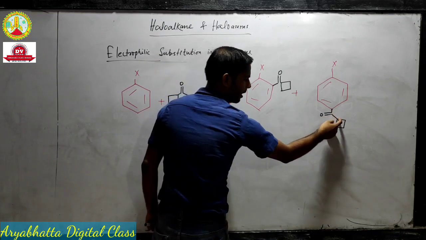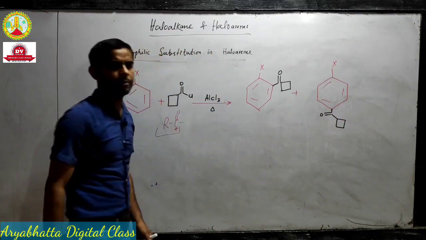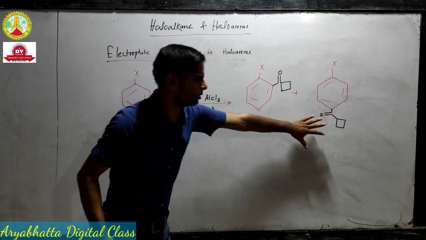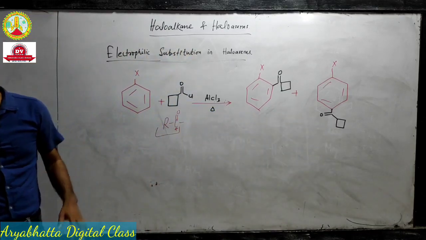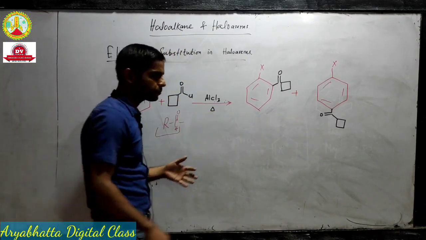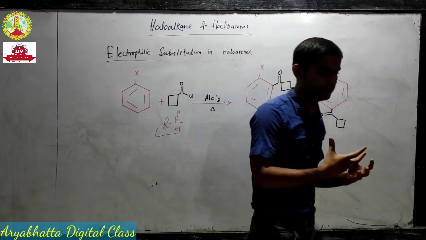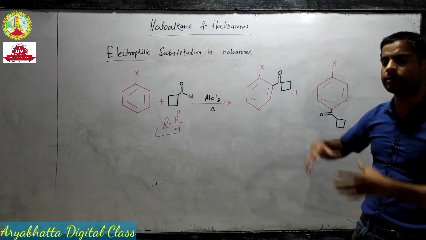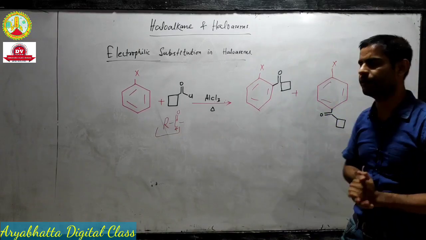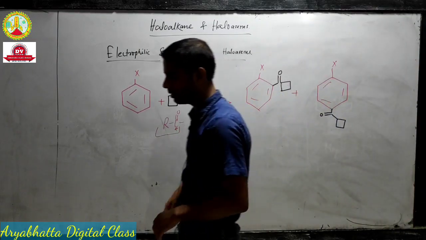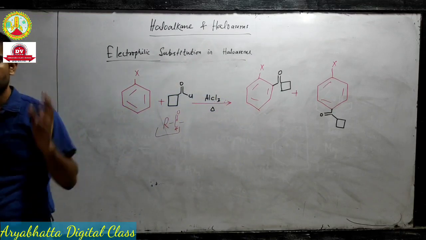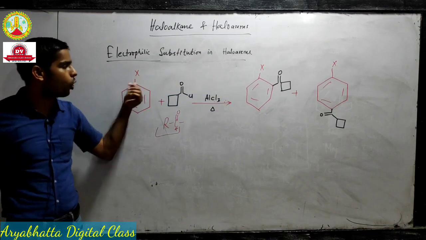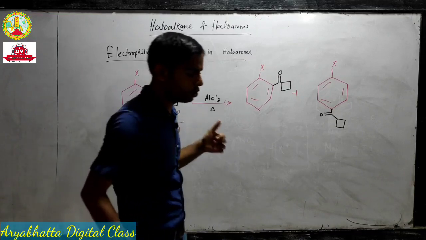So this next carbon has a 4-membered ring. Now it's the correct answer. So in this way, by changing reagents from the list that I gave you, you can practice different electrophilic reactions. You just have to keep in mind the directivity of the already present group.